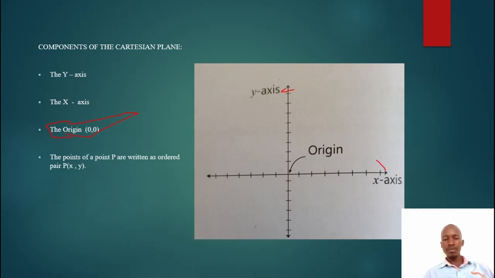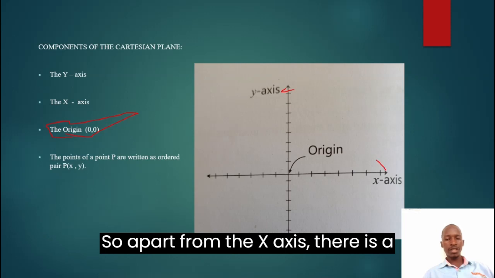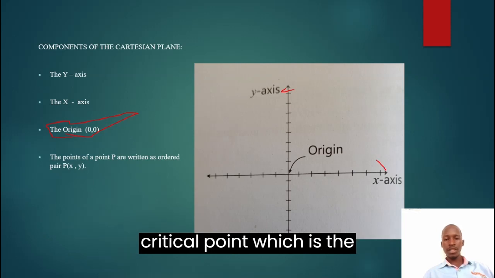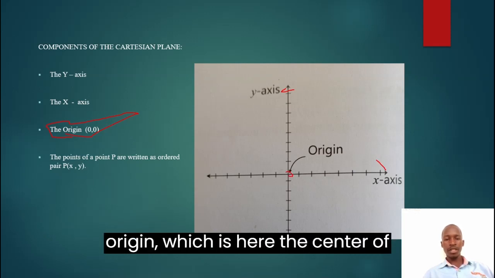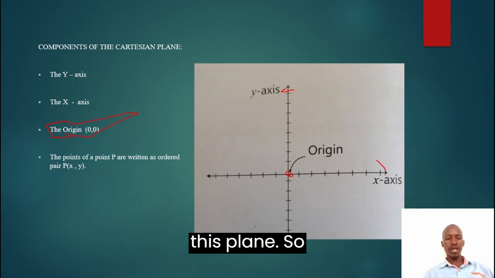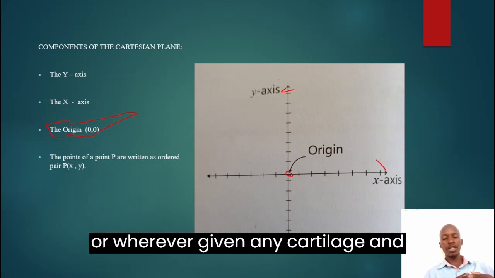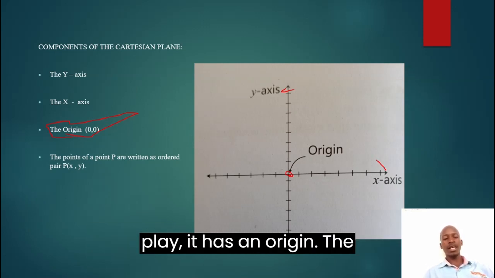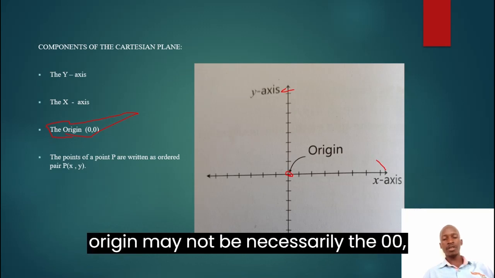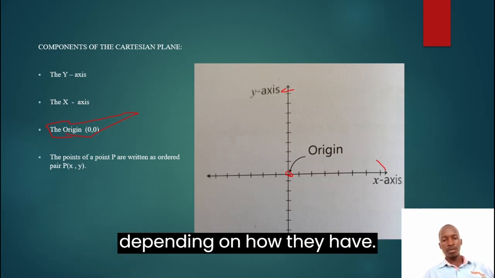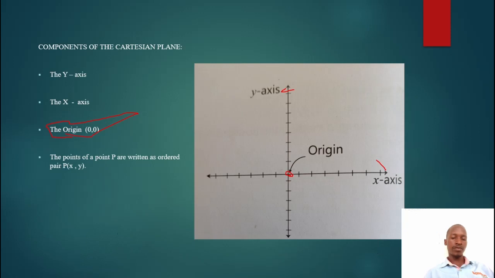So apart from the axes, there is a critical point, which is the origin, which is here, the center of this plane. So wherever given a grid or any Cartesian plane, it has an origin. The origin may not necessarily be 0, 0, depending on how they have constructed it.